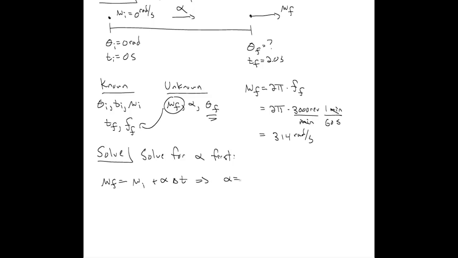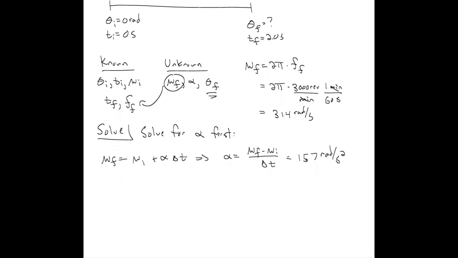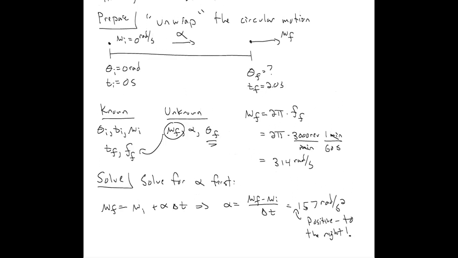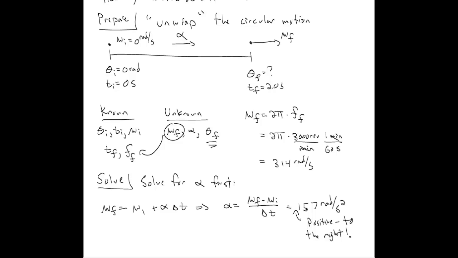So the angular acceleration is this, and that gives us something that looks like 157 radians per second squared. Now, just to note, this is positive. So this means it's to the right, as we've drawn it. And that matches what we had in our picture. The angular acceleration was pointing to the right. It was speeding the crankshaft up.